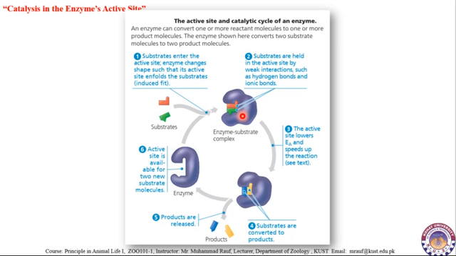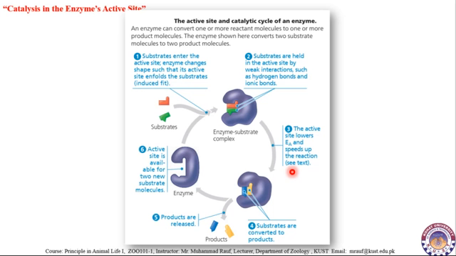Once the association between the substrate and the enzyme is established, substrates are held in the active site by weak interactions such as hydrogen bonds and ionic bonds. In the third step, the active site lowers activation energy and speeds up the reaction. So activation energy is the minimum amount of energy required to convert reactants into products.